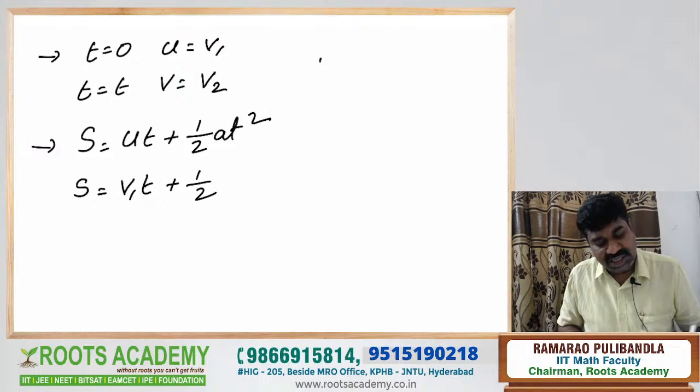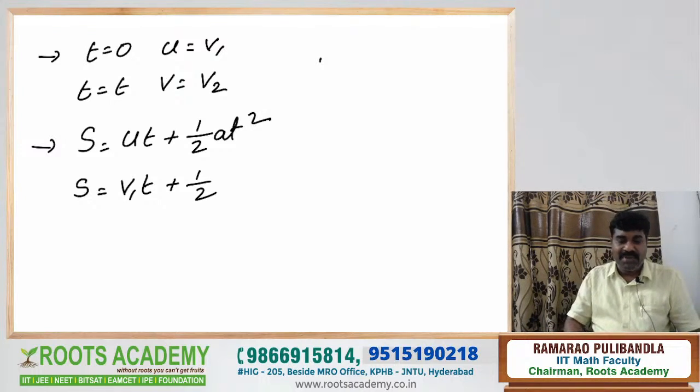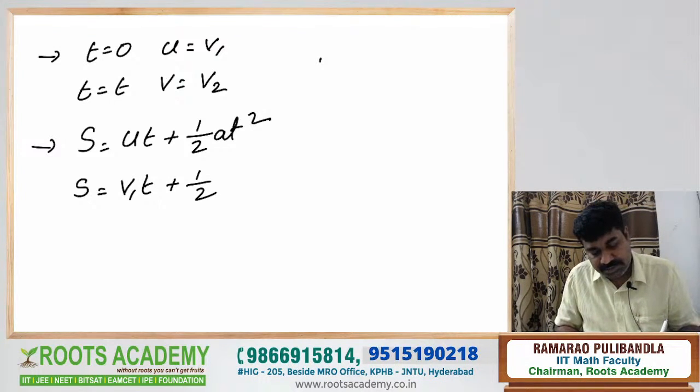Here t square cancels. S is equal to v1 t plus v2 into t by 2 minus v1 into t by 2. So S is nothing but v1 into t by 2 plus v2 into t by 2, because v1 t minus v1 t by 2. So the displacement is nothing but (v1 plus v2) by 2 into time.